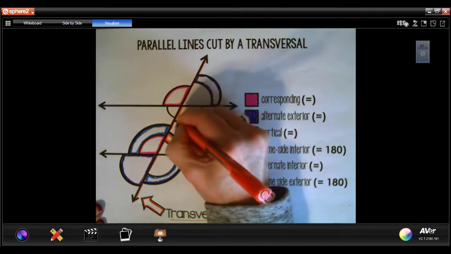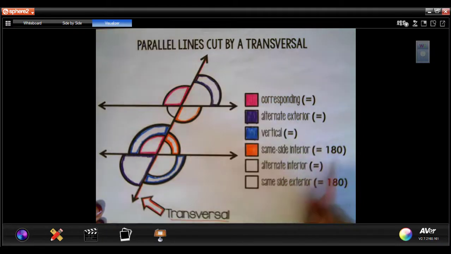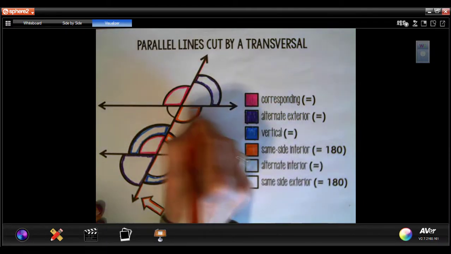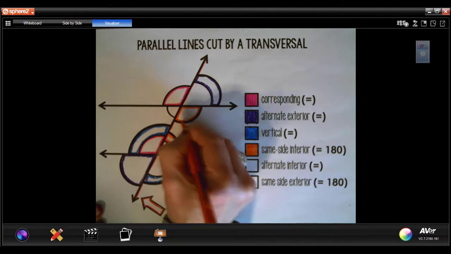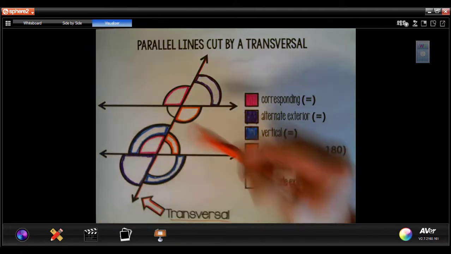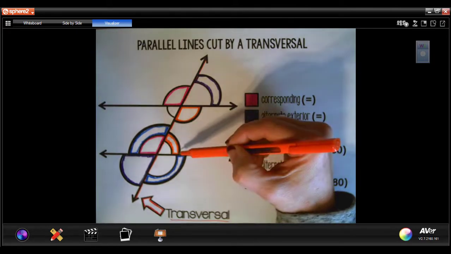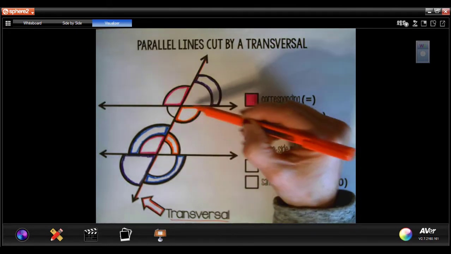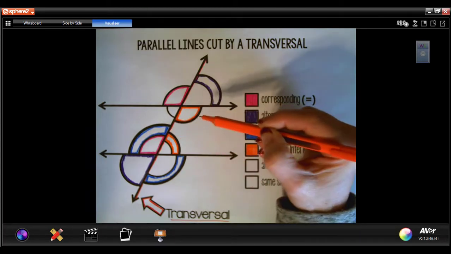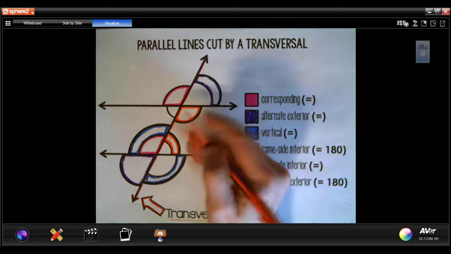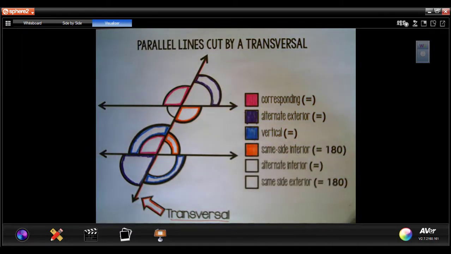Now you're going to notice, I think on this definition, that these two together are going to equal 180 degrees. And you can kind of tell that because this angle is going to definitely be acute. It's less than 90. This angle right here is more than 90 degrees and it's obtuse. But these two together would equal 180 degrees, which means they are supplementary.